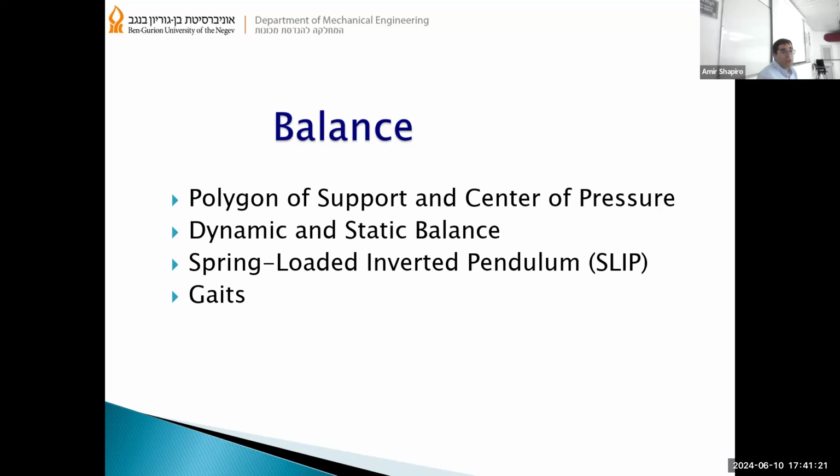The first approach is the support polygon. We'll talk about dynamic and static stability and about the SLIP model, the spring loaded inverted pendulum model. And then a little bit about gait pattern.